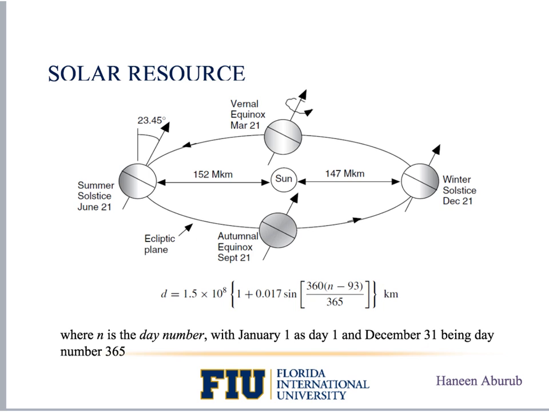This is the elliptical orbit where the Earth revolves around the Sun, making one revolution every 365.25 days, while the Earth rotates around itself 360.99 degrees in 24 hours.